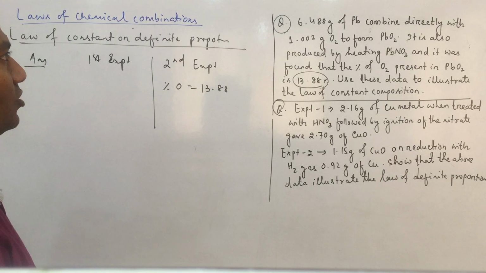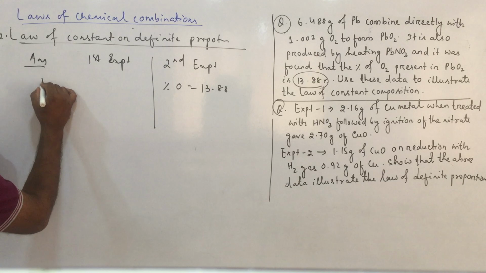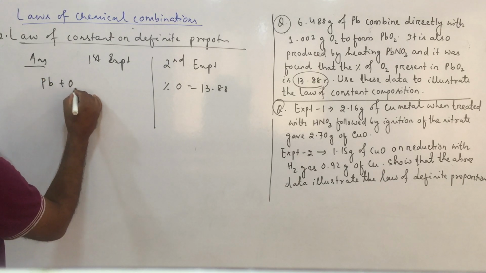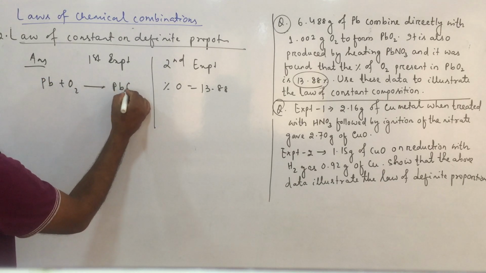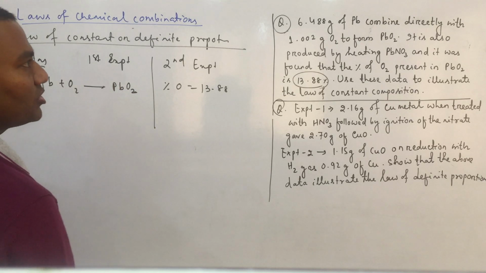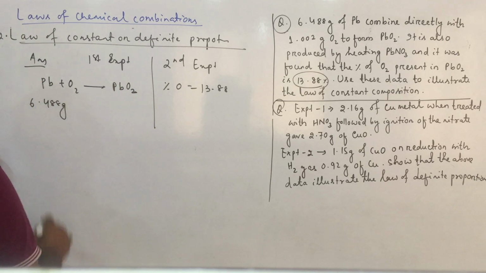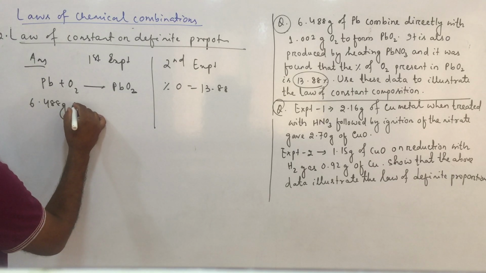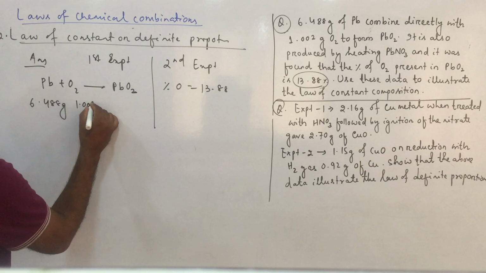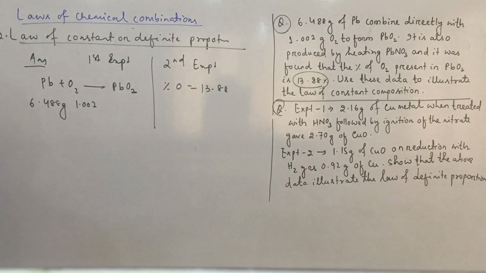Yes or no? So now see, Pb combines with oxygen to form lead peroxide. How many grams of Pb? 6.488 gram of Pb when combined with oxygen. How much? 1.002. So this much is given. So how much amount of product will form?